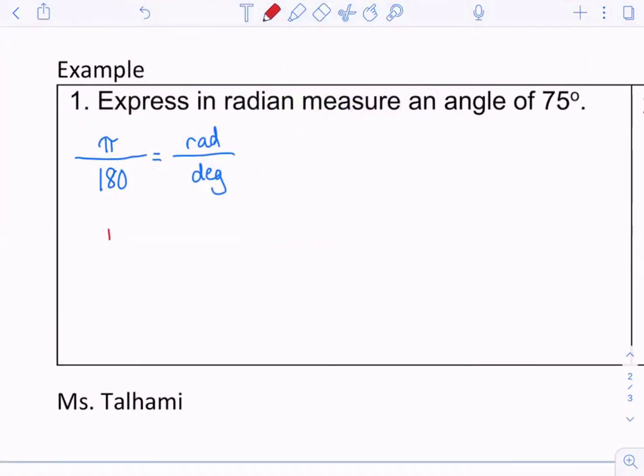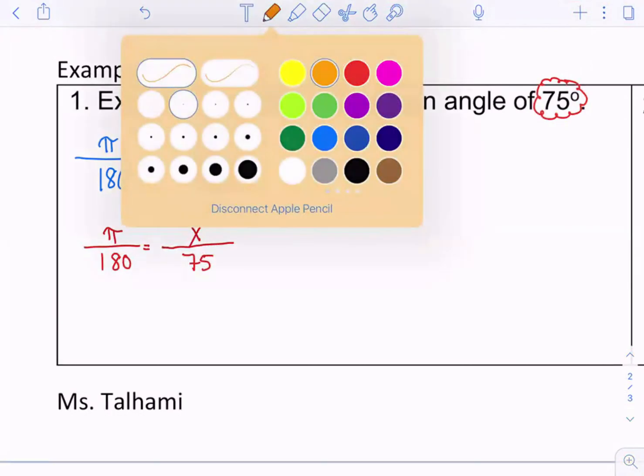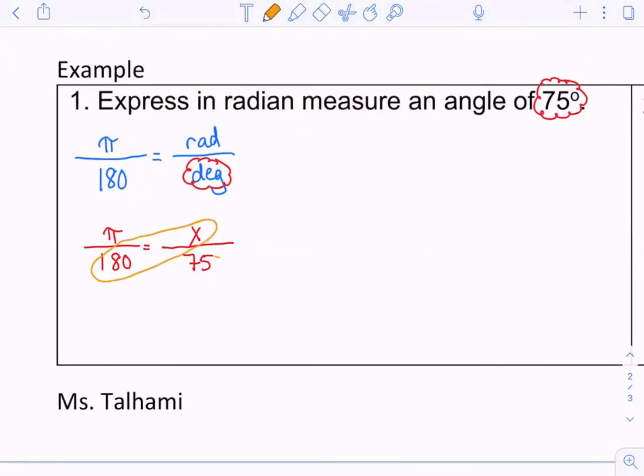This does not change. Pi over 180 will always stay that way. Equals. I know I have 75 degrees, so I'm going to put it in the degree part. So 75, and then I don't know the radian, so I'm going to put x. What do we do in a proportion? We cross multiply.